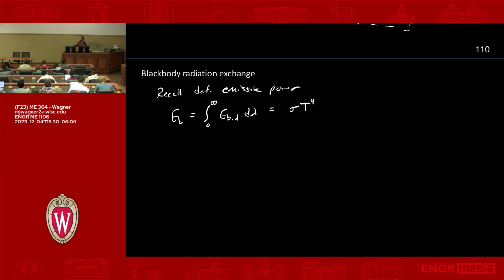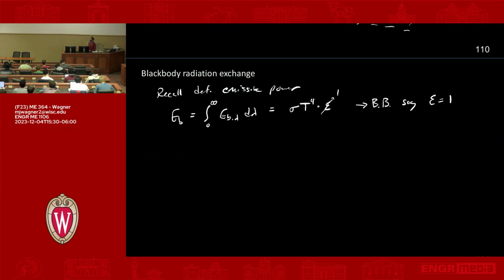If it so happens that the surface is not a black body, you might include some emissivity here. But for this problem, because it's a black body, we say emissivity is equal to 1. And this goes away, right? It's implied, but it's not something that we have to specifically keep track of. So this is our definition of blackbody emissive power.